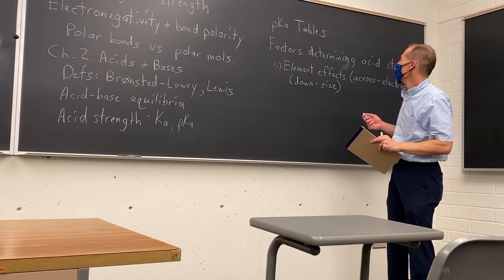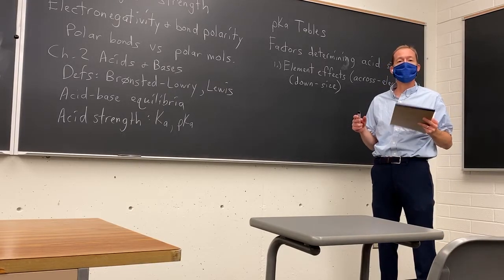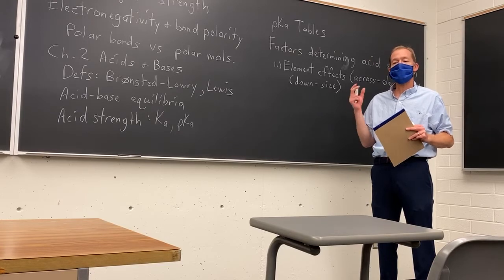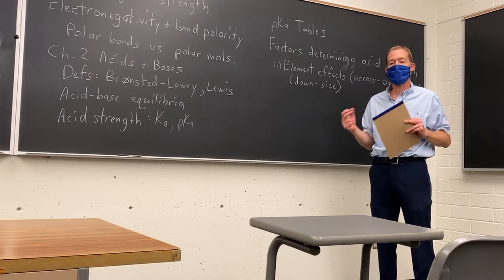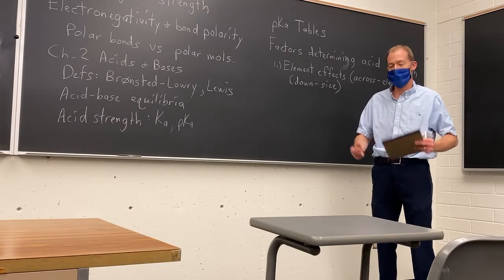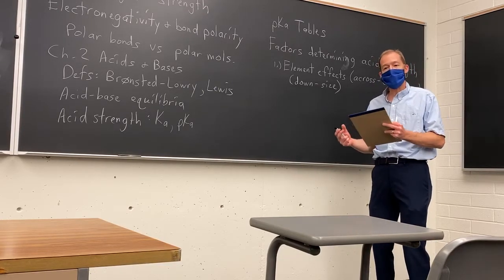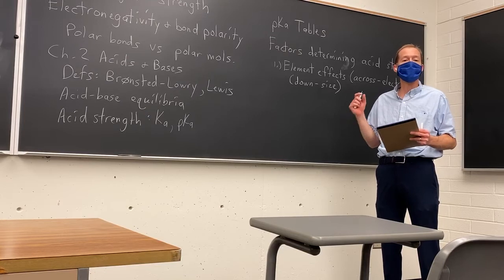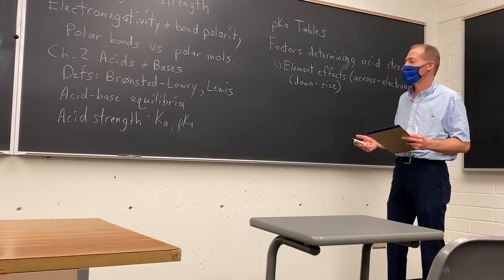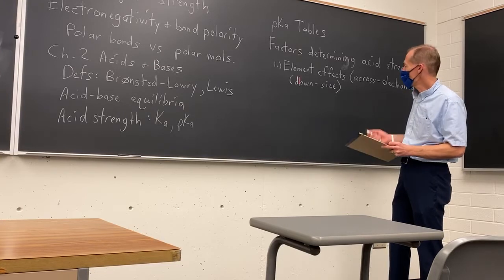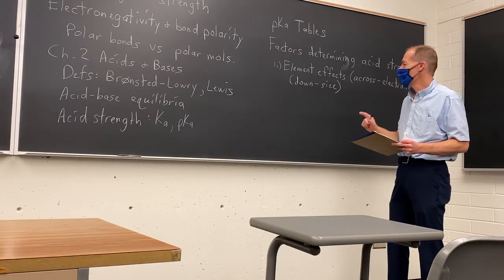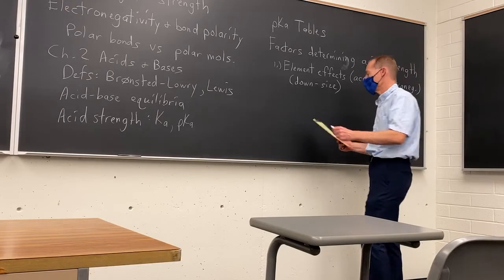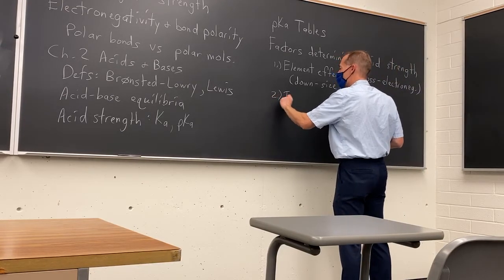I should remind you that these factors are applied to the structures of the conjugate bases because we said that any structural feature that stabilizes a conjugate base, makes that species lower in energy, is going to increase the acidity. It's going to cause more of that stable conjugate base to be formed at equilibrium. So we're always looking at how these effects apply to the structures of the conjugate bases. And that helps us determine which acid is stronger. So element effects, 2 different properties to consider: electronegativity across the periodic table, size as we go down the periodic table.